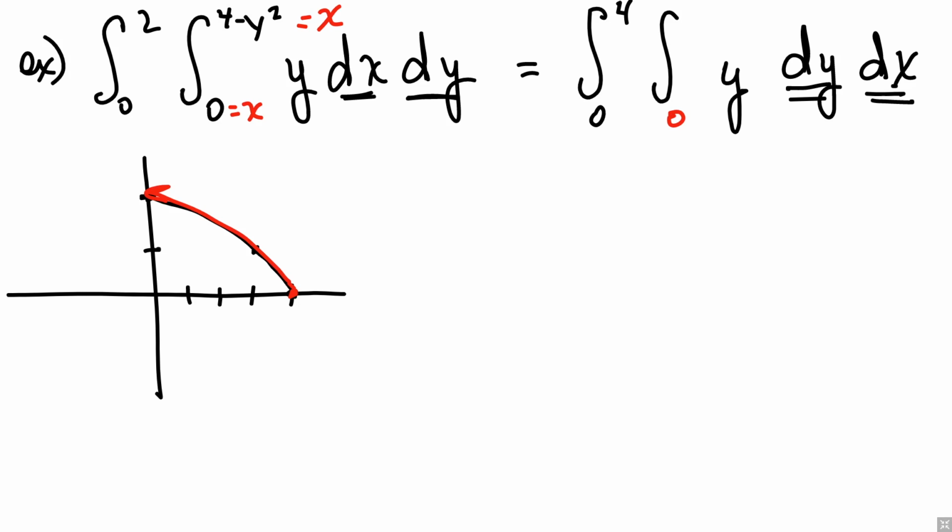Now to find our upper y value, we set the equation and solve for y. If we solve for y, we can add y squared to both sides and subtract x. So what is y going to be equal to?